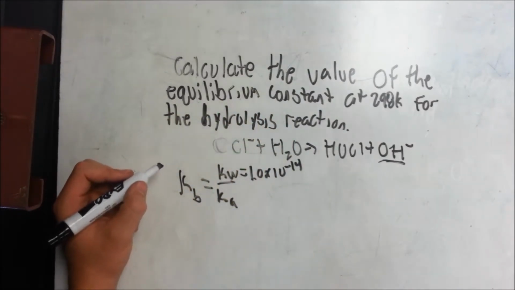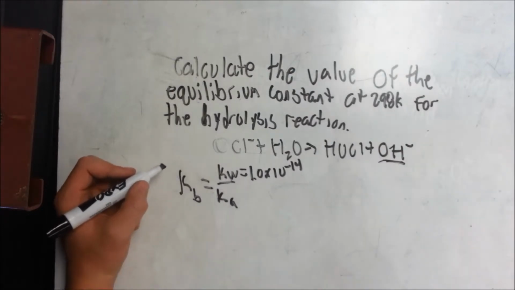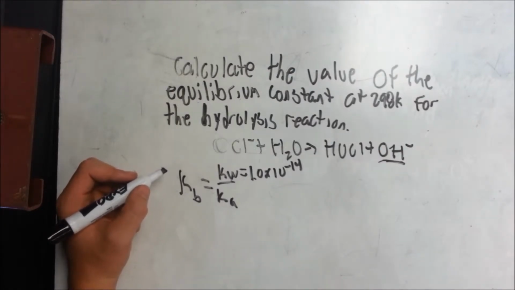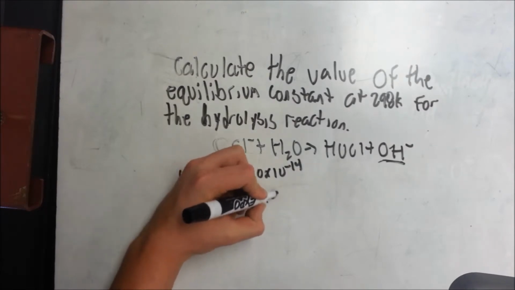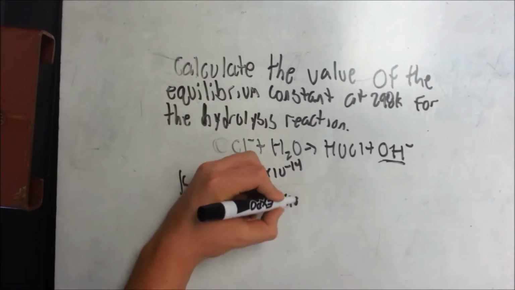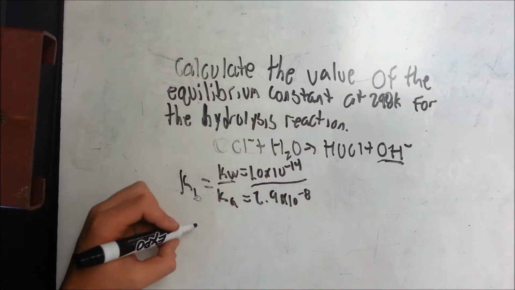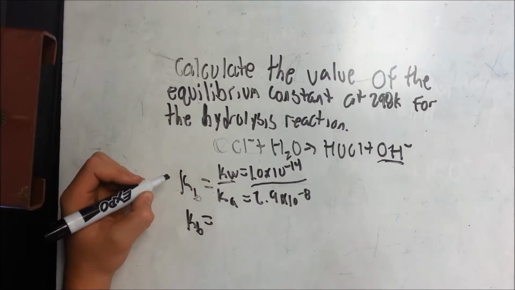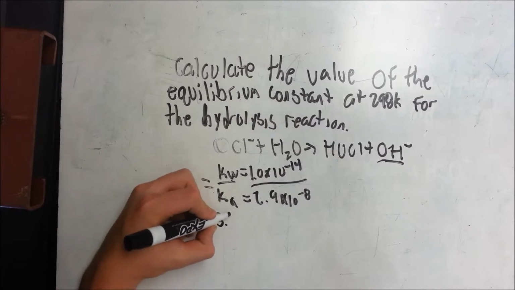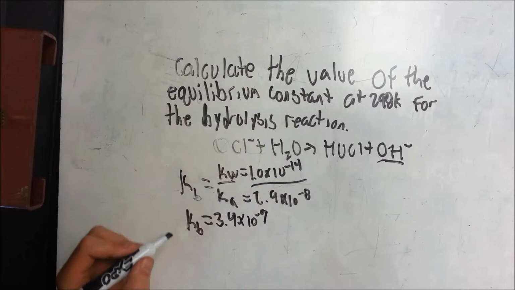And since we're given in the first question that the Ka for HOCl is 2.9 times 10 to the negative 8, we're just going to divide these two, and we'll get Kb for the hydrolysis reaction equals 3.4 times 10 to the negative 7.